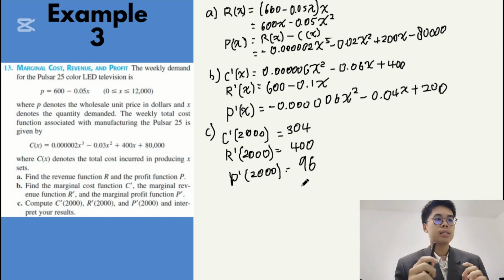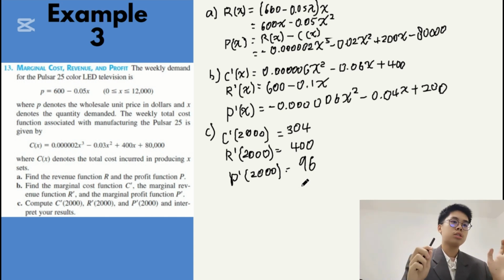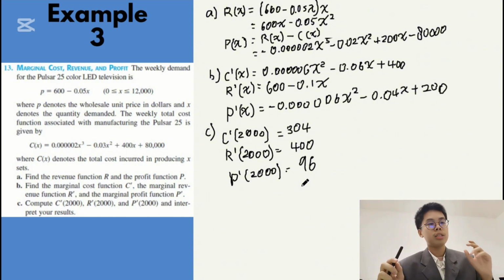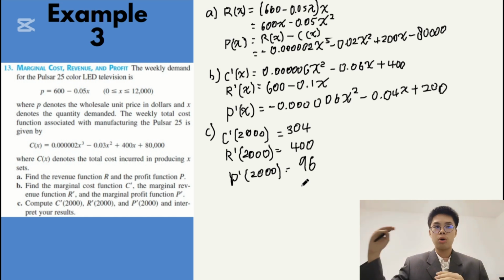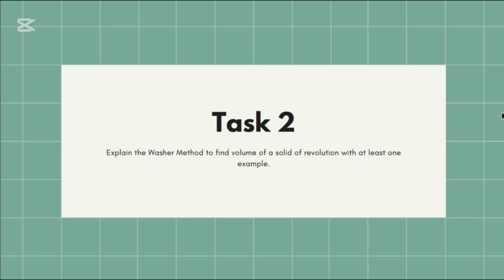From these values, we can also compare the marginal cost and the marginal revenue. We can see that the marginal revenue is higher than the marginal cost, which means the production is still inefficient, so you can produce more products to increase the profit.